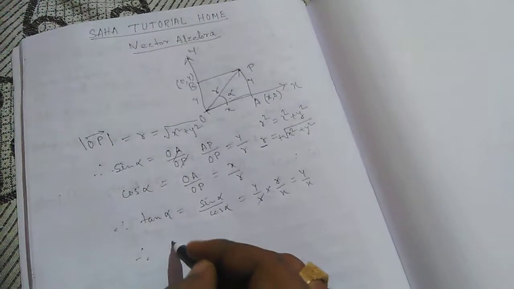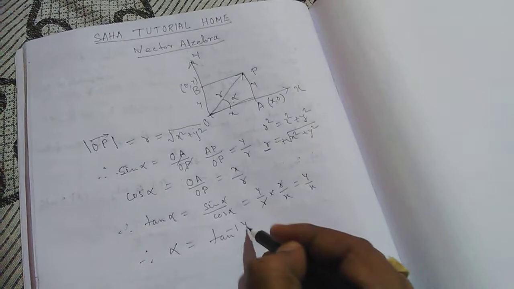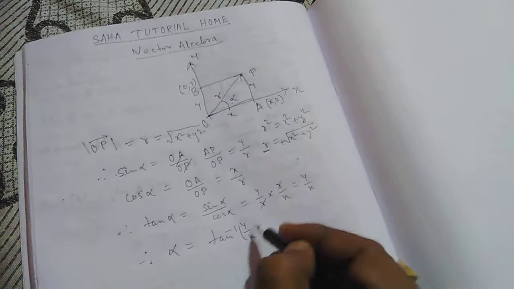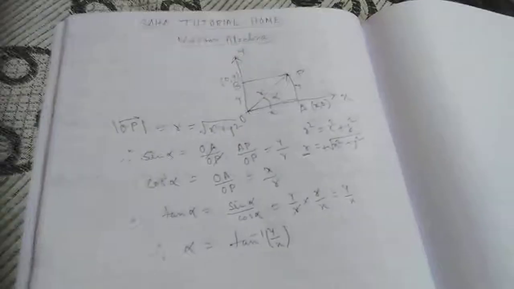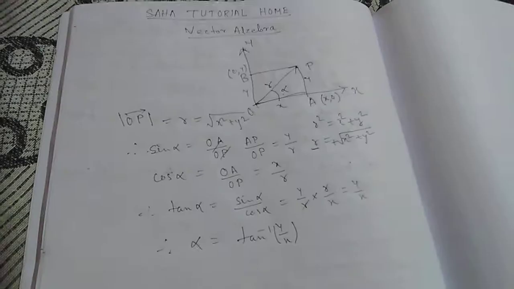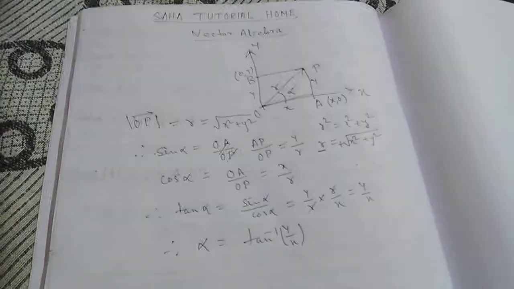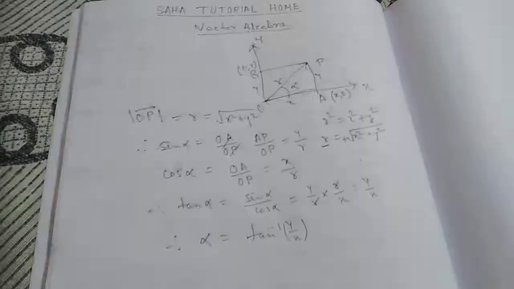Therefore alpha is equal to tan inverse y by x. Now we can calculate any value of position vectors and its directions through this process.